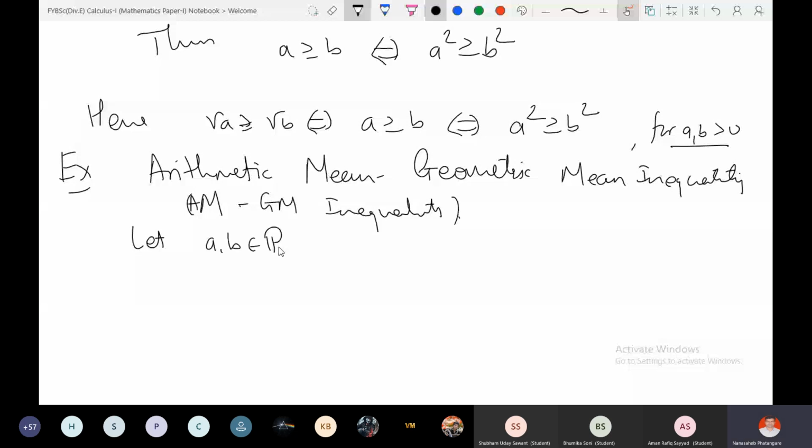Since I want to take the geometric mean, I am assuming positive numbers, because negative numbers will create a problem while taking the geometric mean, right? Then what is the arithmetic mean of a and b? a plus b by 2. Right, a plus b by 2. And what is the geometric mean of a and b?